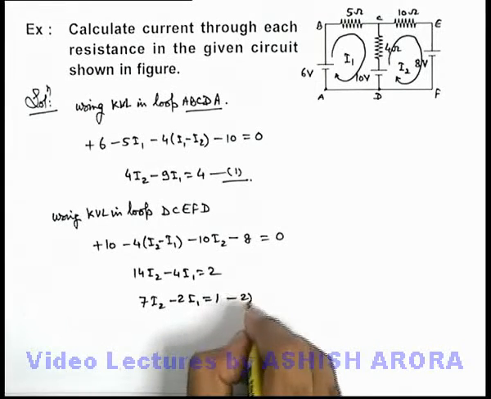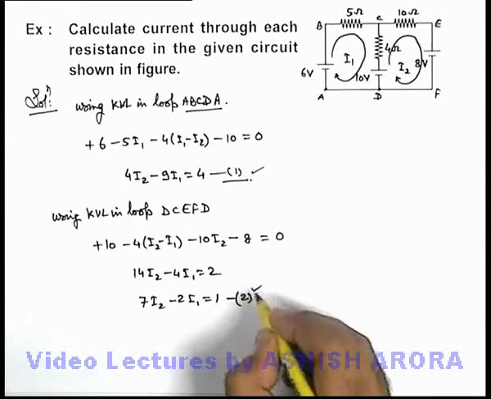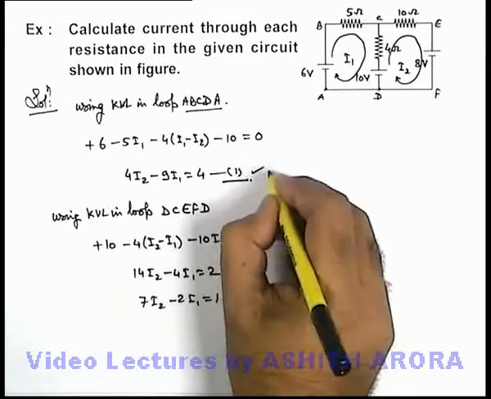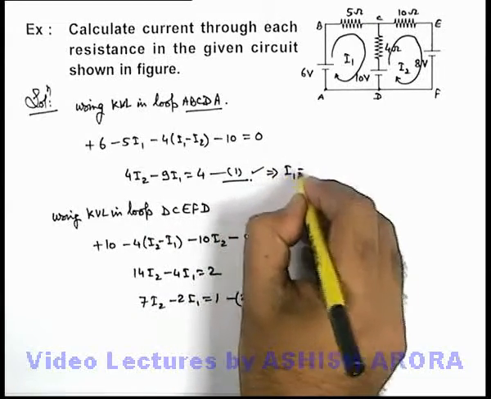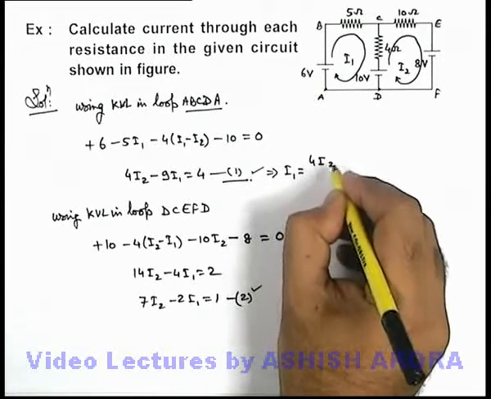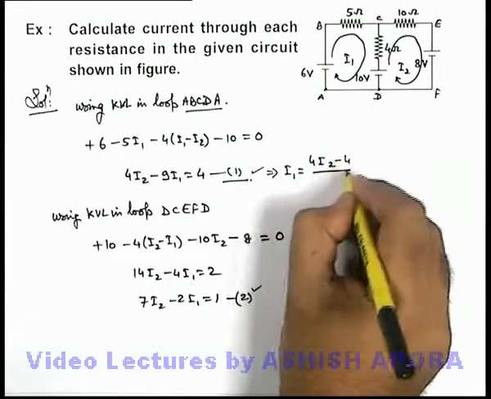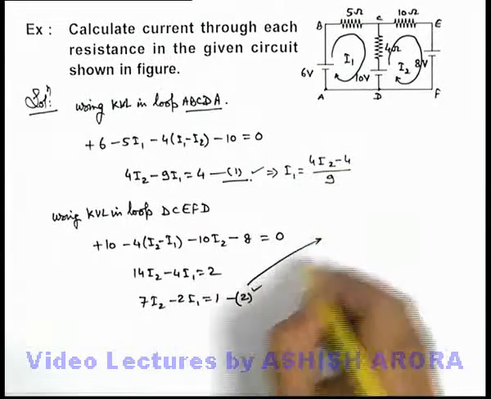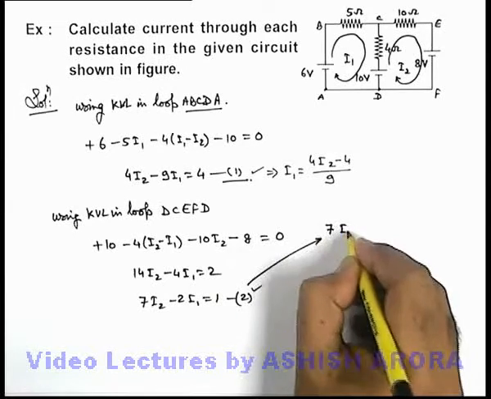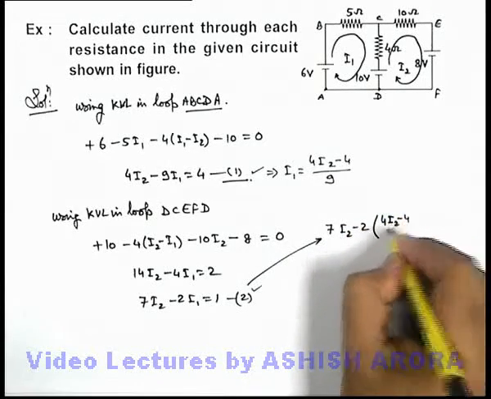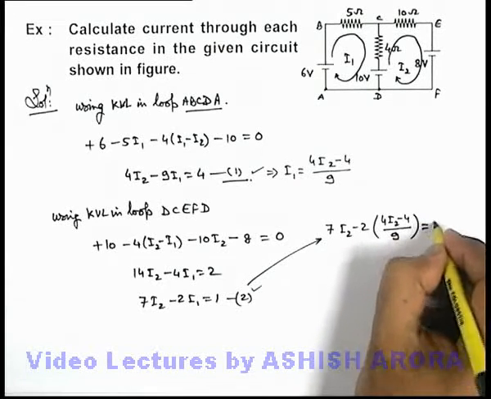Now save this as equation 2, then equations 1 and 2 we can solve. To calculate the value of I2, we can calculate the value of I1 from equation 1 and substitute here. The value of I1 we are getting is 4 I2 minus 4 by 9, and if we substitute this I1 here, you can see this will be 7 I2 minus twice of (4 I2 minus 4 by 9) equals 1.